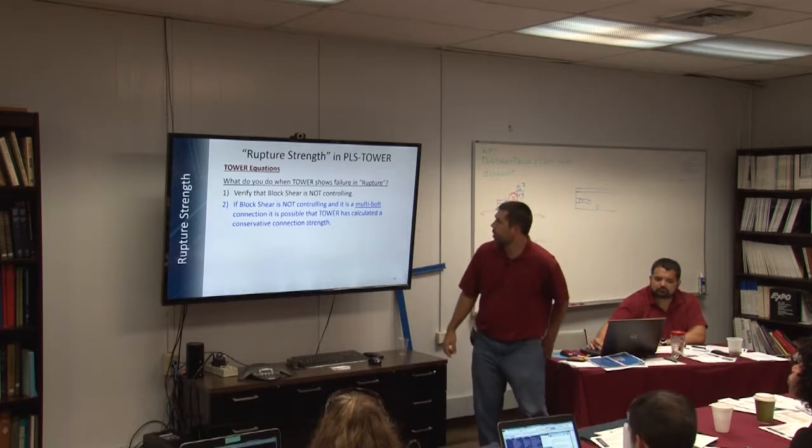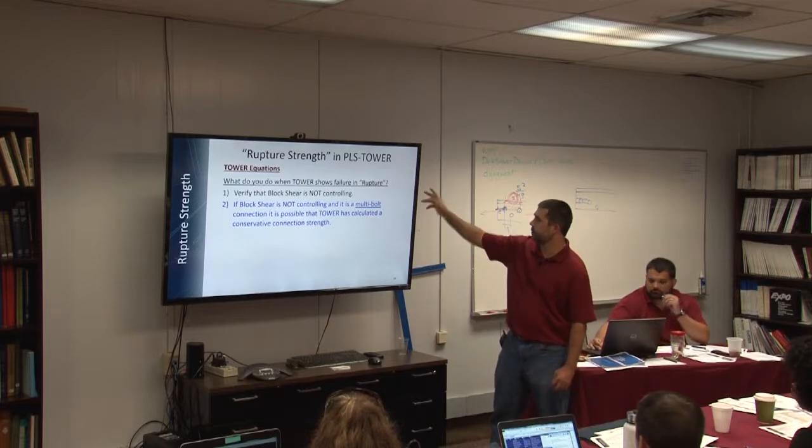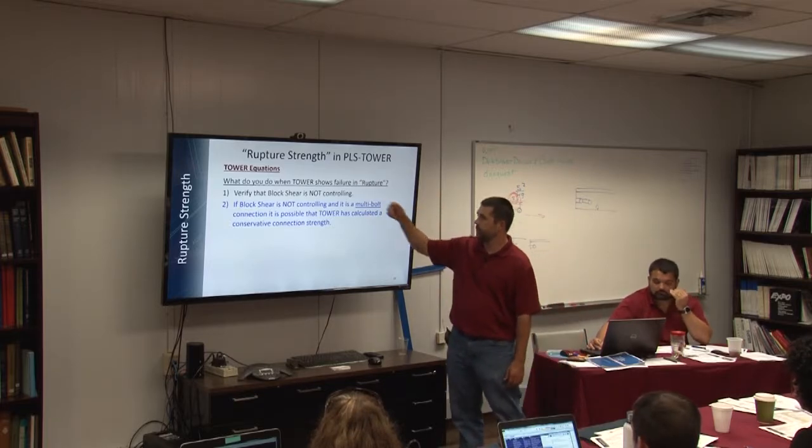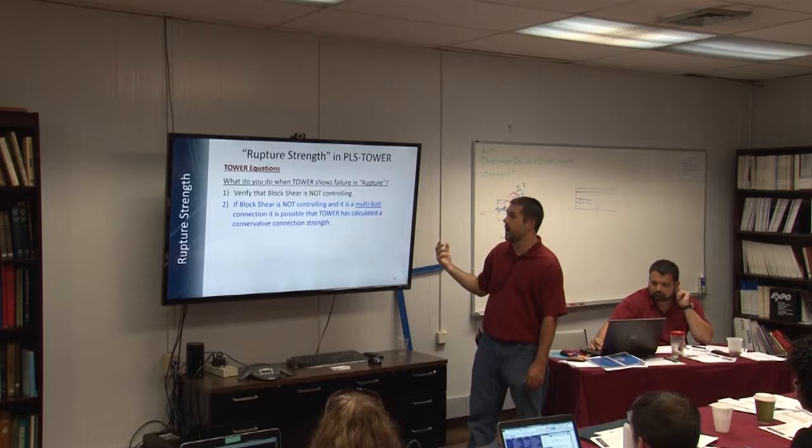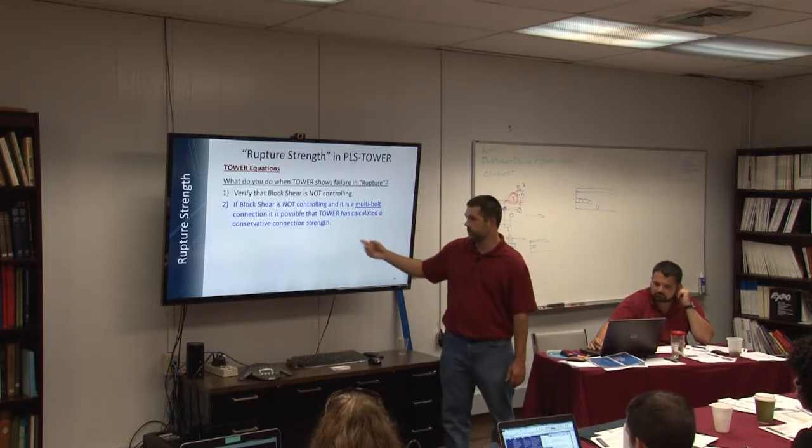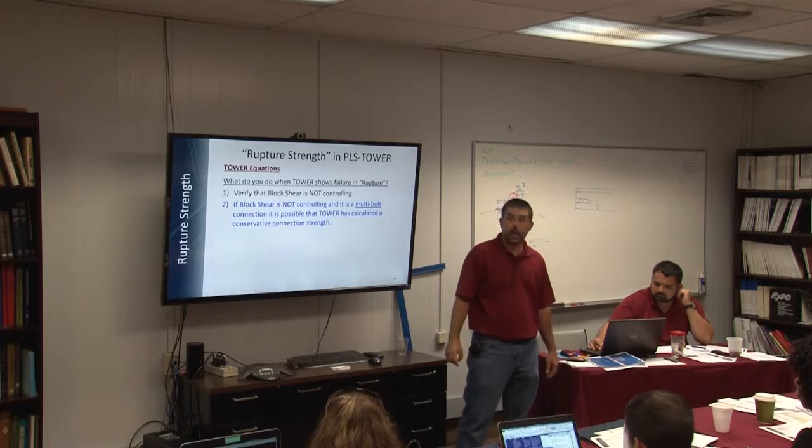So I guess what I'm saying here is if you have a rupture failure, check whether block shear is or isn't controlling. If it's not controlling, then it's possible that tower has calculated a conservative connection strength.